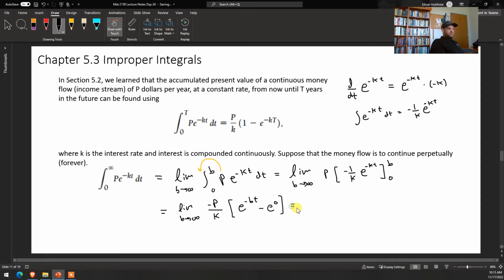Now we can compute our limit. It might help to rewrite this. We have a negative exponent. How can we think of negative exponents? Let's rewrite it as 1 over e to the bk. e to the 0 gives us 1.